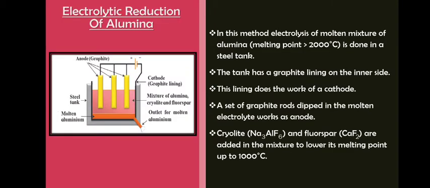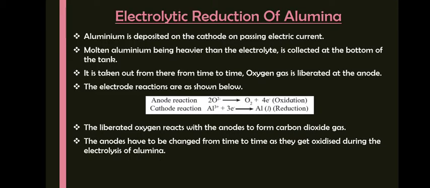So cathode is negatively charged. Correct? So aluminium will move towards cathode. Molten aluminium, being heavier than the electrolyte, is collected at the bottom of the tank. It is taken out from there from time to time.